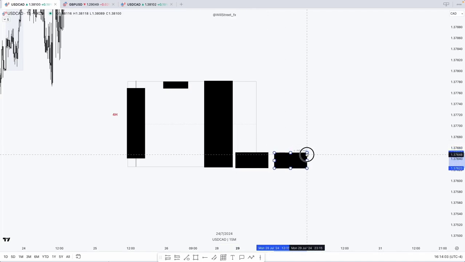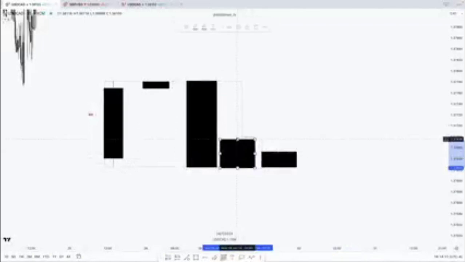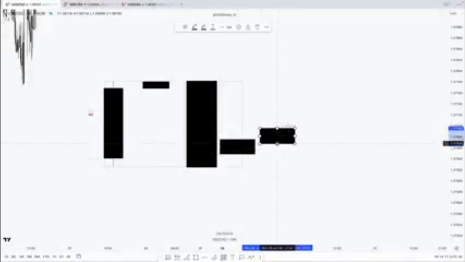This is now 1 hour candles. This was the 2021 and 1 a.m., and this is now 1 hour candles. So this could be the 3 a.m. This could be 4 a.m., and maybe going into New York.